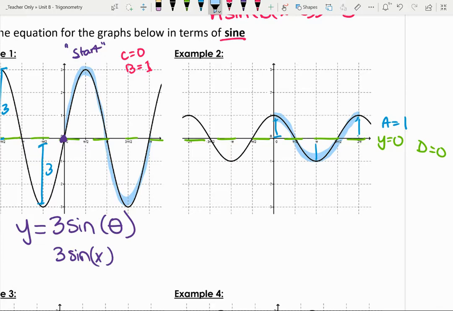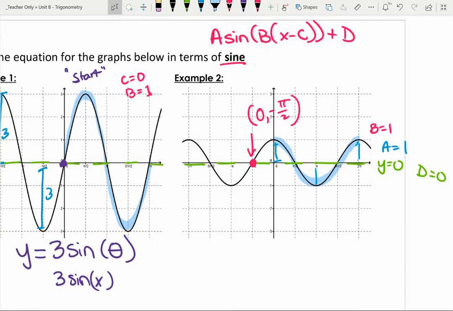I'm going from maximum to maximum in that interval, but that's okay. That again tells me that my frequency is 1. But what has changed is that instead of my graph starting at 0, 0, it seems to be starting at the point negative pi halves, 0.